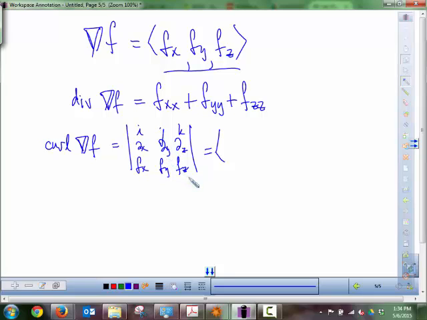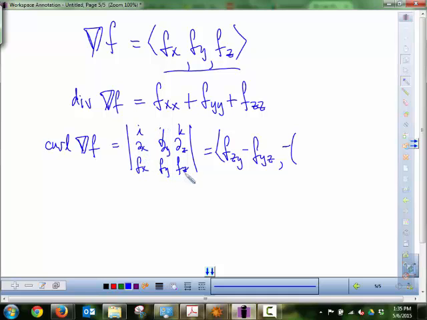In the I direction, I take the derivative of fz with respect to y, minus the derivative of fy with respect to z. All right, let's go to the next one.